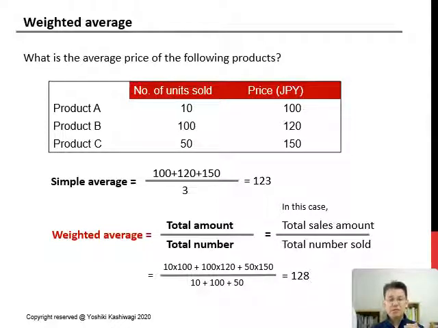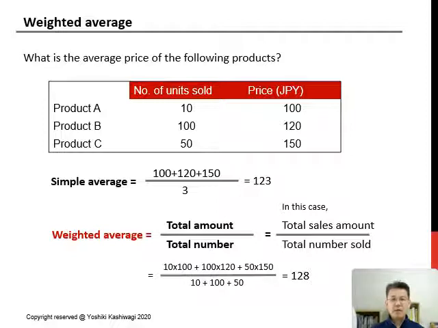And you can see those numbers for product B and C. The simple question is, what is the average price of all those 3 products? I want you to get just one single number which shows the average of the price.